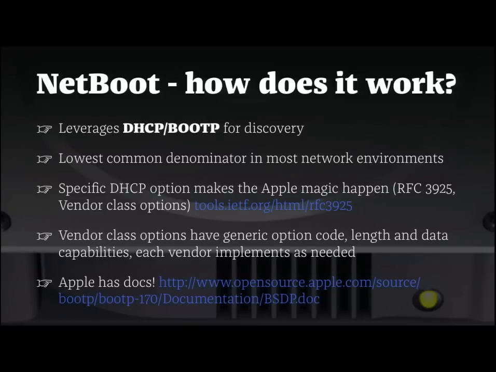So what we've got here is a couple of options that make that happen. In this case, it's the vendor class options here. I linked to the RFC if you're super bored and want to read it. Otherwise, that's basically what makes all this possible. It's not just Apple that uses this. VoIP vendors use it. Microsoft uses it heavily for their NetBooting.